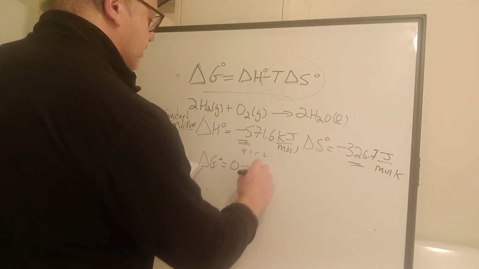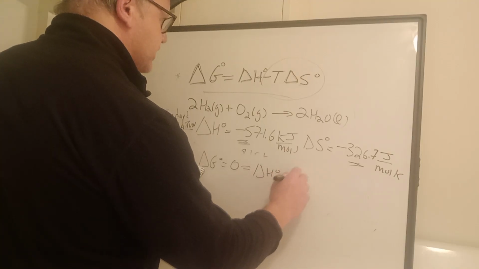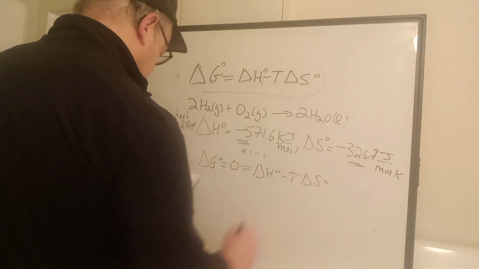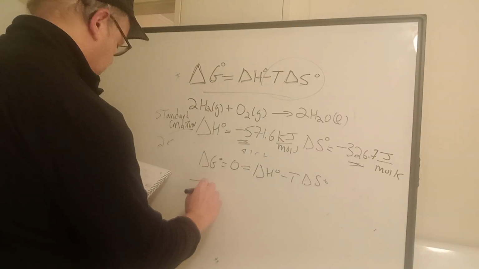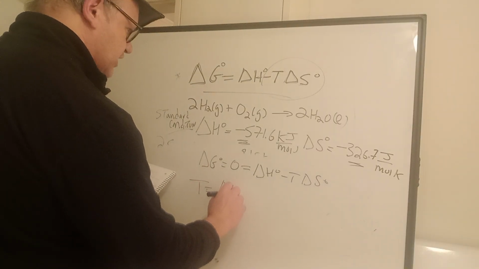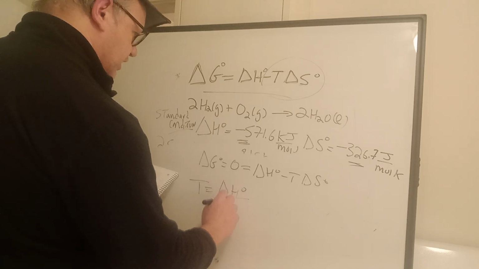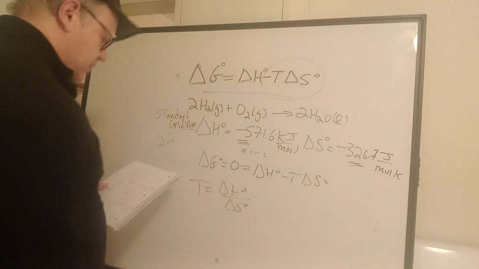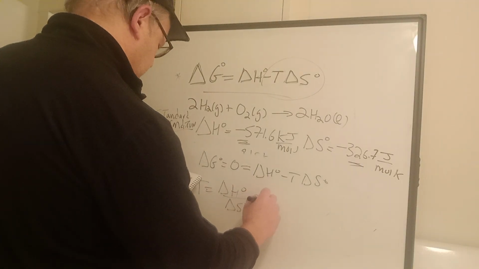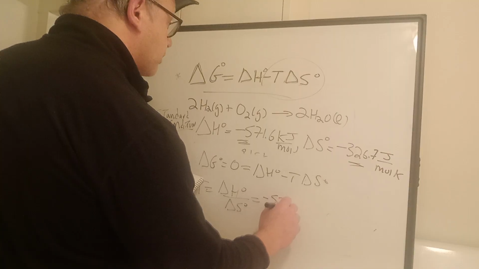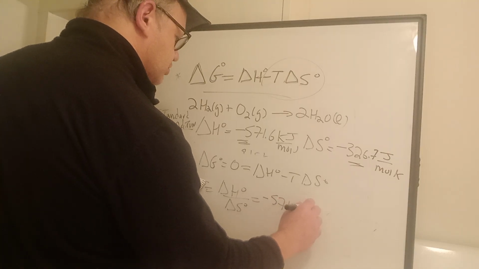And so we have that. That's going to be equal to delta H naught minus T delta S naught. So we can solve for T. T is going to be delta H naught over delta S naught. And we'll plug in some values here. Negative 571.6 kilojoules per mole.